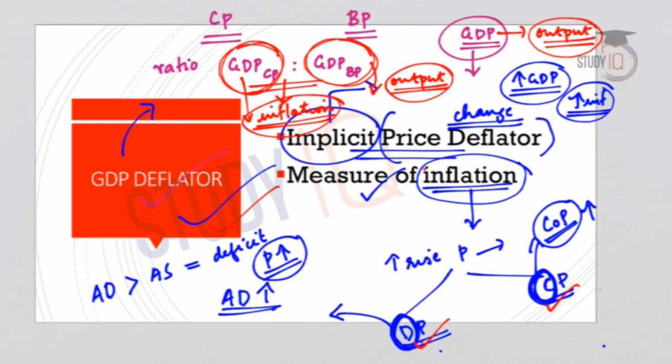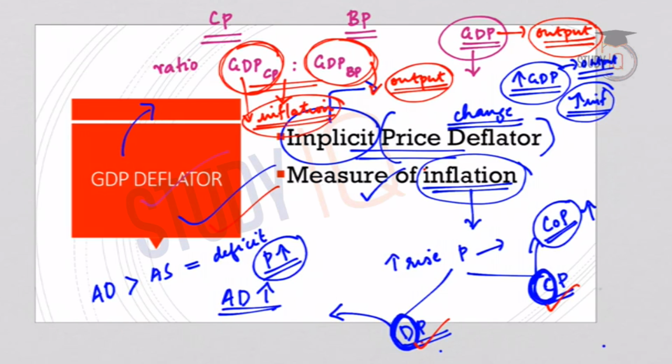Ideally, an increase in GDP should happen if there is an increase in output. But GDP at current prices can increase because of an increase in the inflation rate without an increase in output. So GDP deflator will help a person to understand any increase in the GDP that is only due to inflation, not because of an output increase.